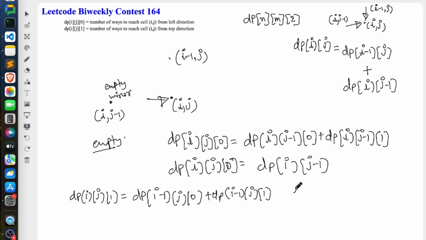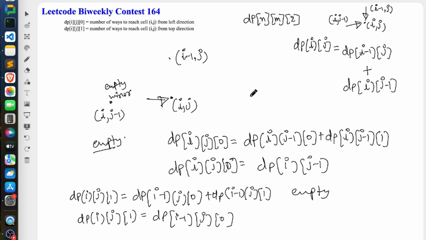So this is again when it is empty. But if there is a mirror here, then your DP of i, j, 1 is simply DP of i minus 1, j, 0.